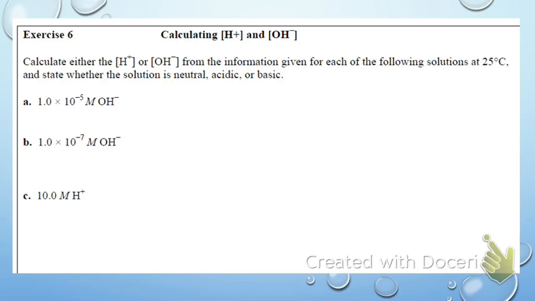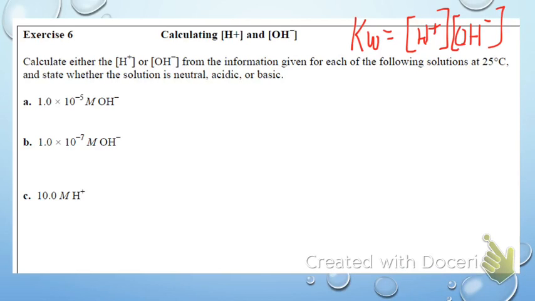So here we're going to calculate either the hydrogen or hydroxide concentration from the information given below and state whether that solution is neutral, acidic, or basic. Okay? So there's actually 2 ways you can do this. The quickest way, since they're giving you the hydroxide or hydrogen concentration, is remember that Kw is equal to H plus times hydroxide.